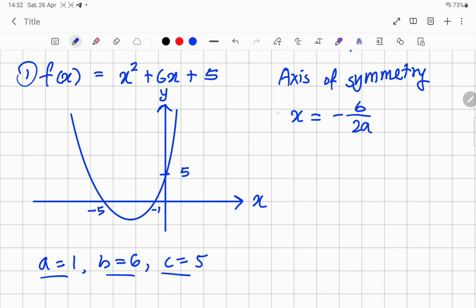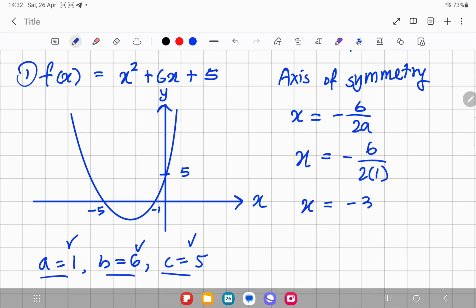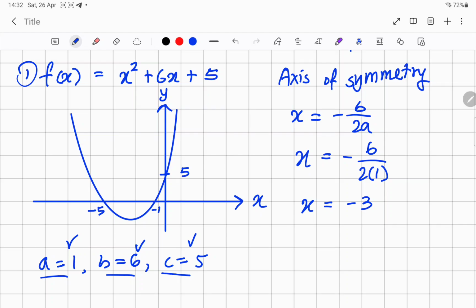So in this question, a, b, c are 1, 6, and 5. You just substitute the values of b and a here. So negative, what is b? 6, over 2 times a, which is 1. So you have x equals negative 3. This is your axis of symmetry.